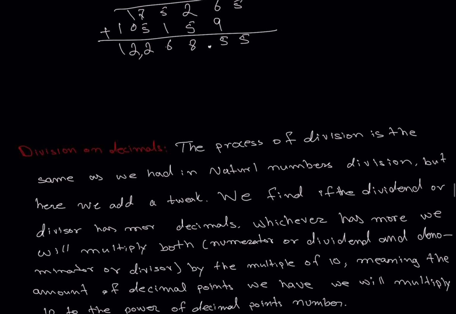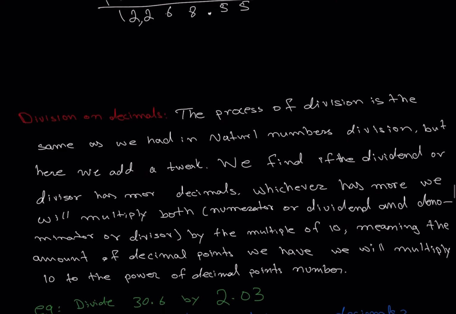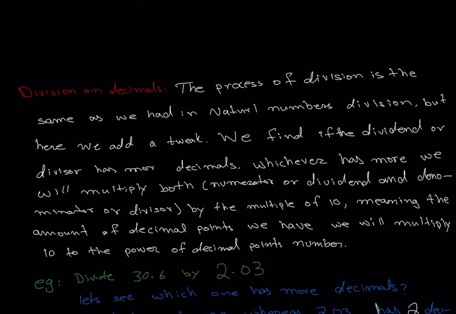Moving on to division right now. The division process is the same as we had it in the natural numbers or the whole numbers division, but here we add a tweak to it. And what is that? We find if the dividend or divisor has more decimals.